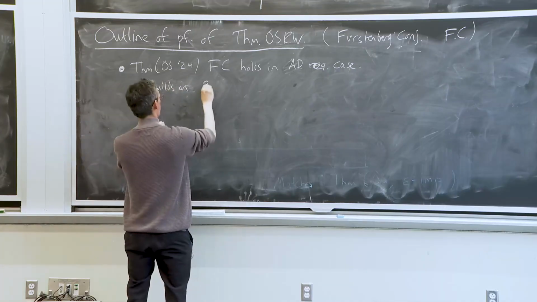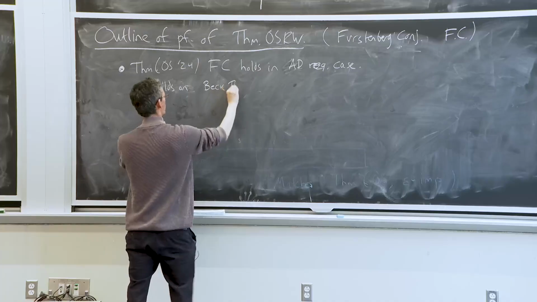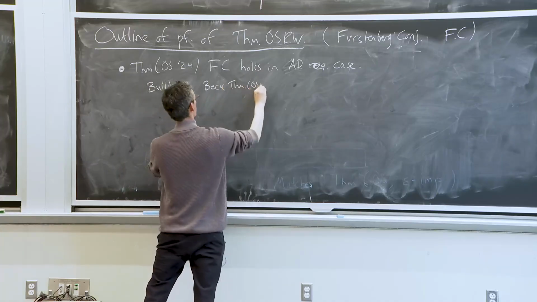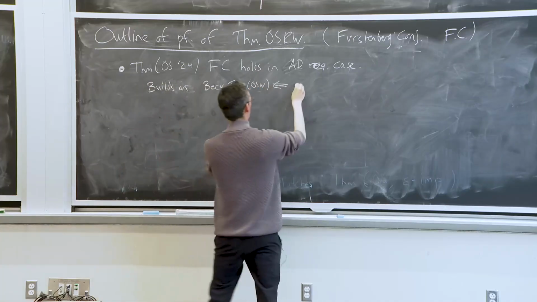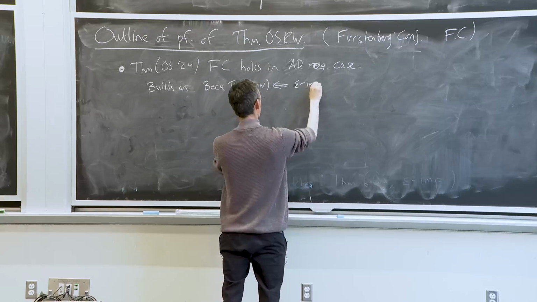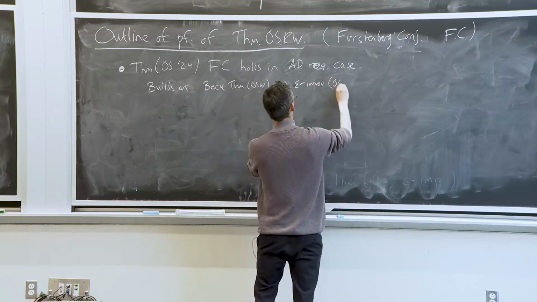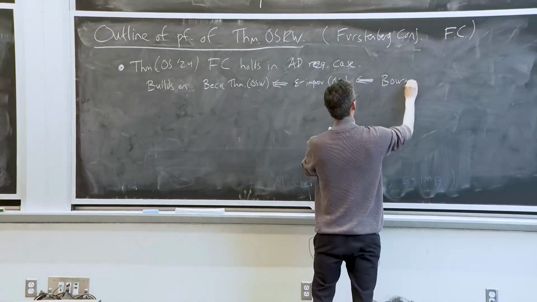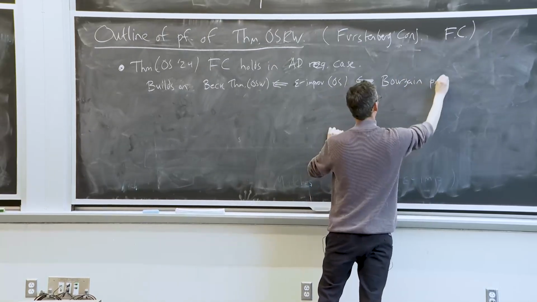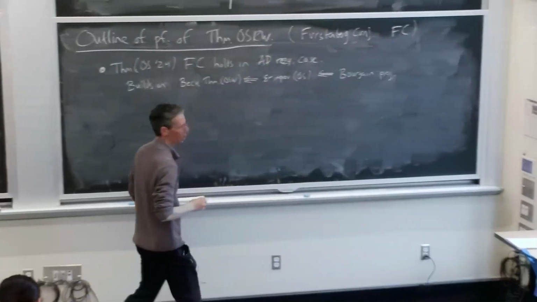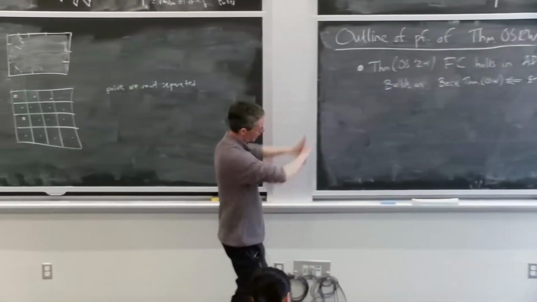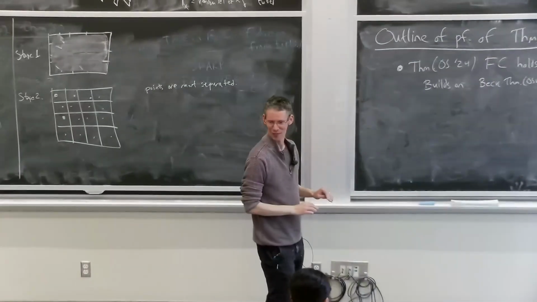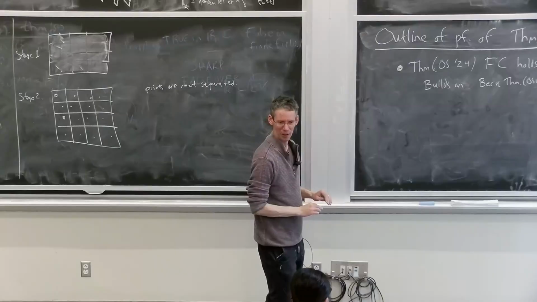So it builds on the continuum Beck theorem of OSW, which in turn built on the epsilon improvement of OS, which in turn built on the Bourgain projection theorem. It's not at all obvious given the Beck theorem, just an ingredient.